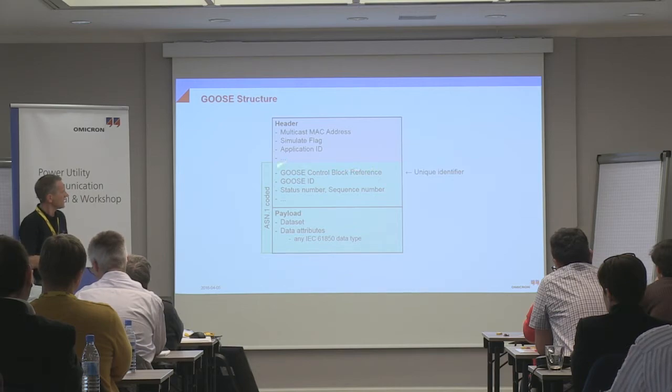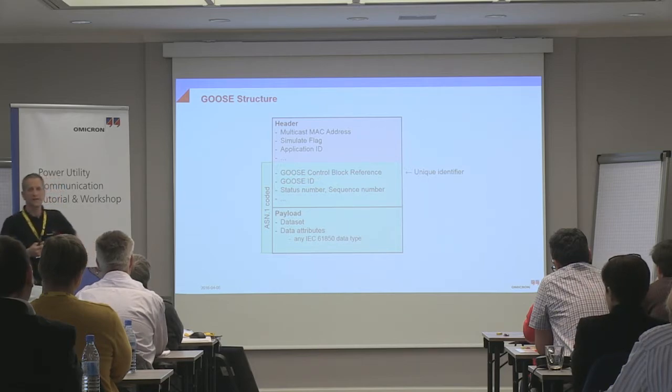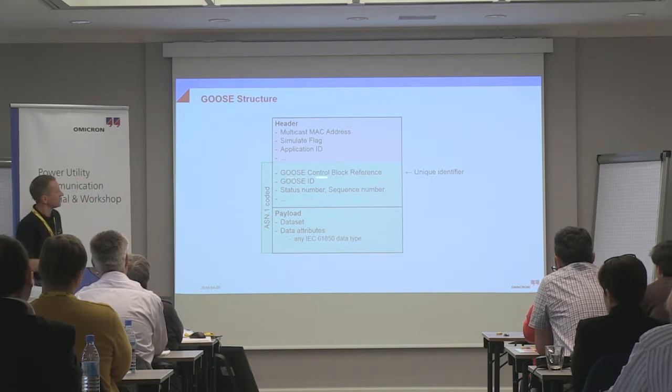Then we have a part which is ASN.1 coded, and also part of the header information is in this ASN.1 coded part. Unfortunately this makes it a little bit less efficient, but here we have the unique identifier for the GOOSE.